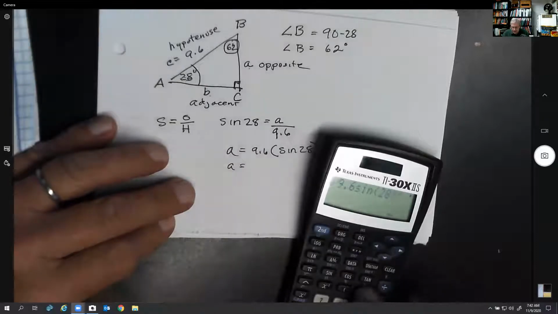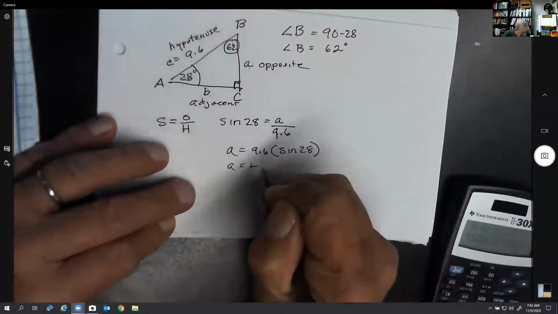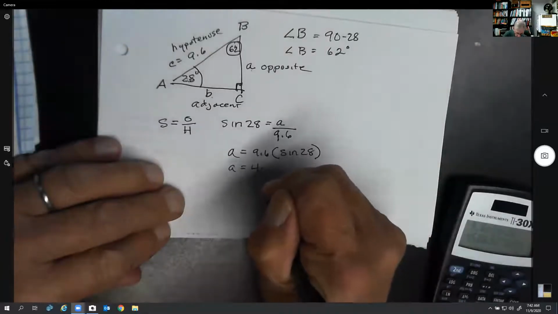I have to put that in. So that's 4.5. So now I'm just going to carry it out to one decimal point, unless it tells me different. I don't know if it did or not, but I'm going to write that as 4.5.